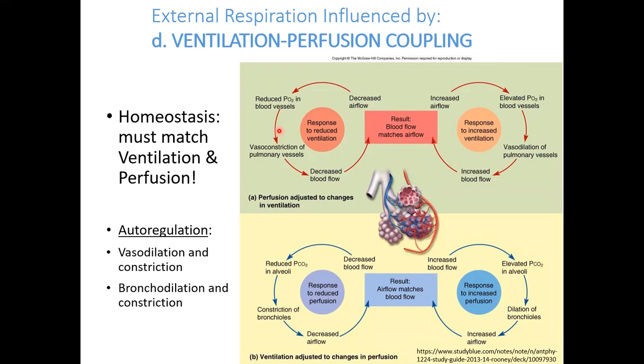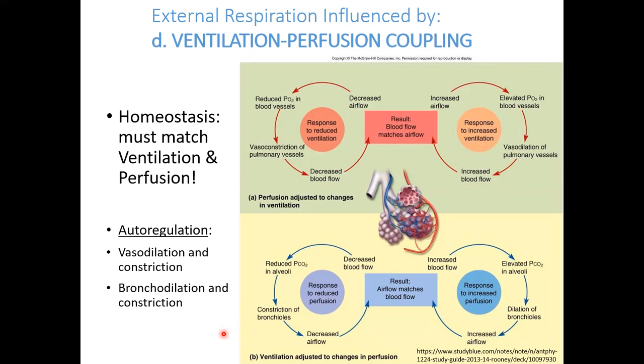This graphic shows us that if there is decreased airflow, blood flow is going to be decreased to match it. If there is increased airflow, blood flow is going to be increased to match it. And of course, vice versa.